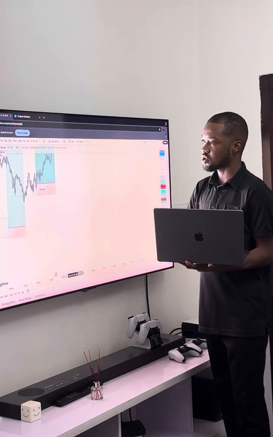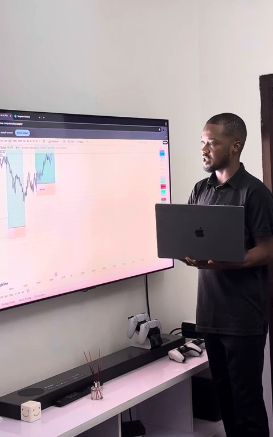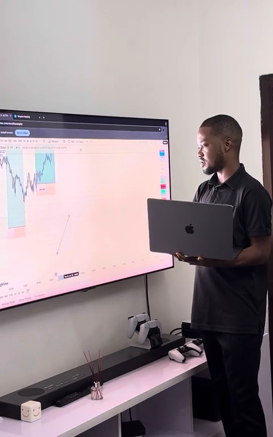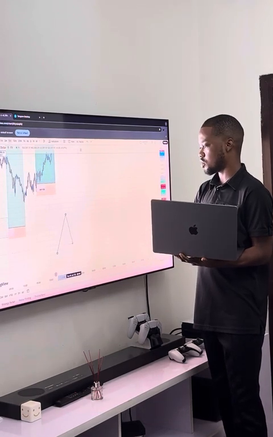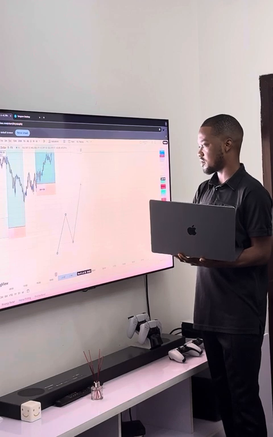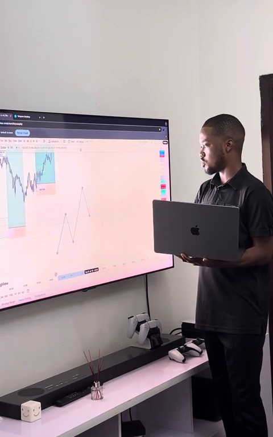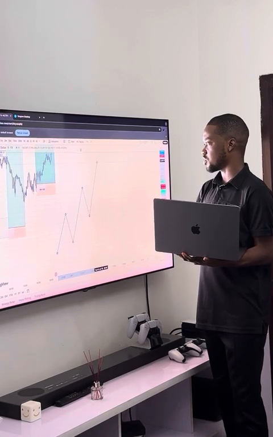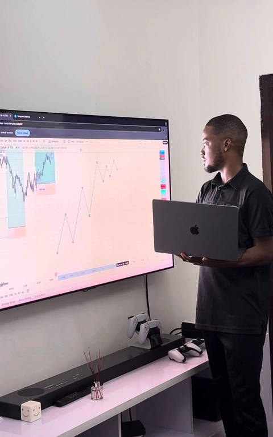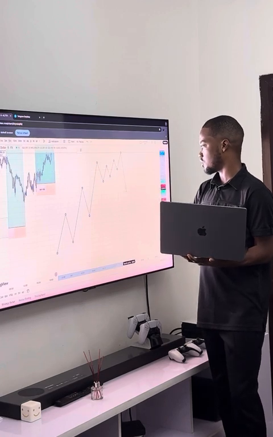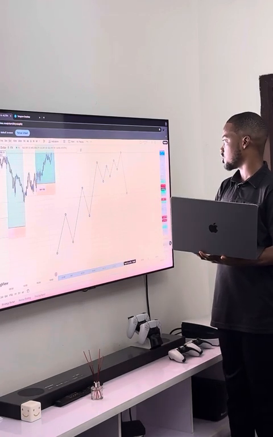So for instance, let's say in a market like this, we get to see things like we have this high, we have the low, we have high, low, high. Most times we get to see price do something like this, then come back down, right? Then continue moving.